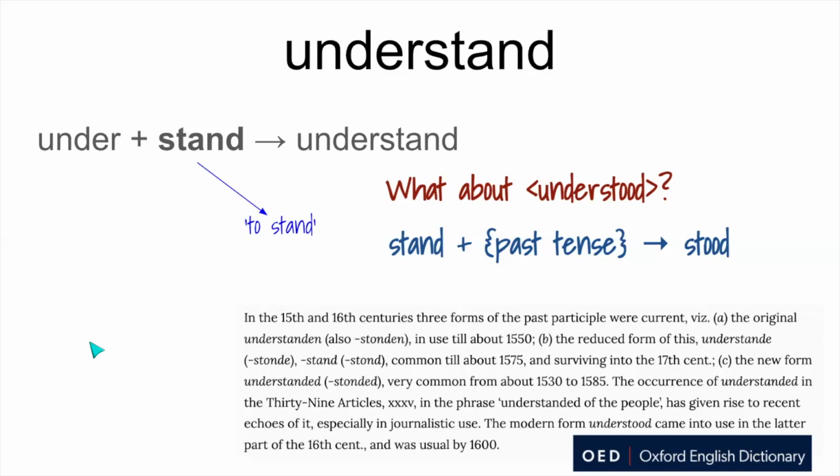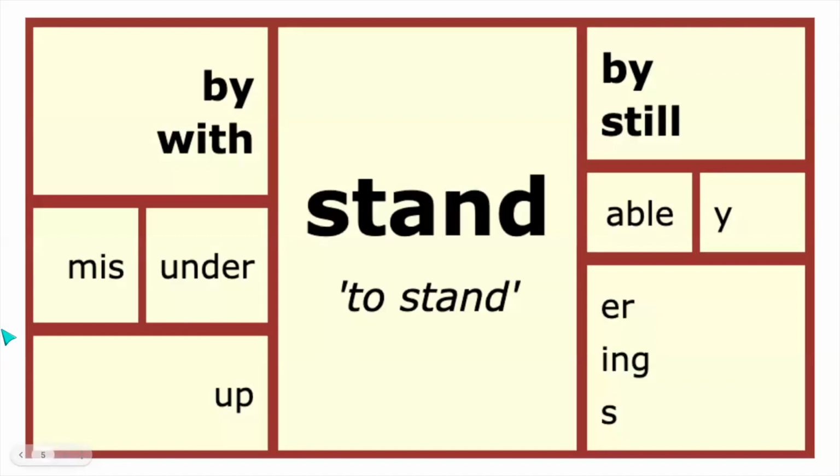Just a little side note, when we have a case like this, where we've done a vowel shift to move from present tense to past tense, and we're not just adding the ed suffix, understood would not live inside of the matrix. We could set it up beside, so that you understand that understand becomes understood, but we don't put the stood inside of a word matrix.